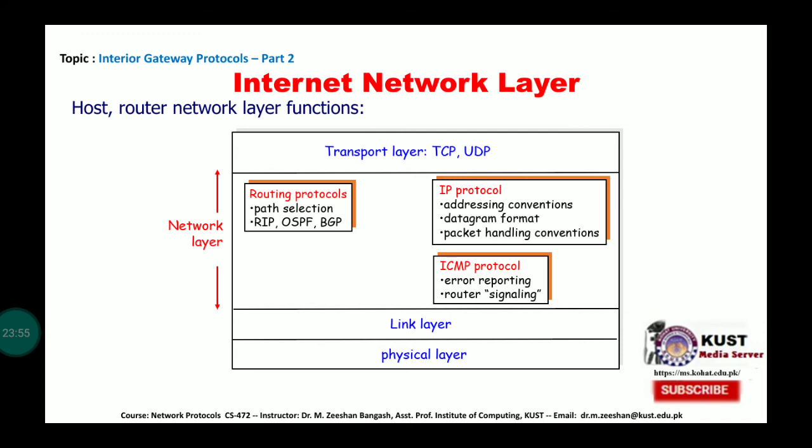The different protocols, RIP, OSPF, and BGP, are the inter and intra autonomous system protocols that are part of this network layer, and the routing table updation is performed at this network layer.